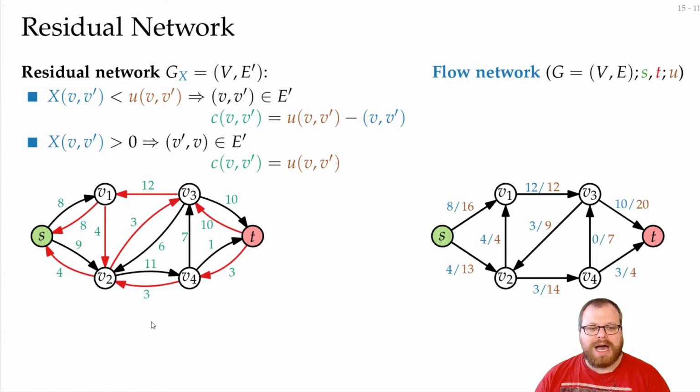And now a path in this residual network will tell us how much we can change the flow of some of these edges and still get a valid ST flow. These are the so-called flow increasing paths. So we go from S, we find a path here that can have some black and some red edges.